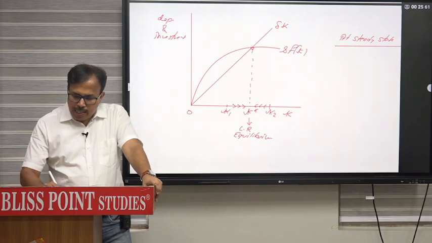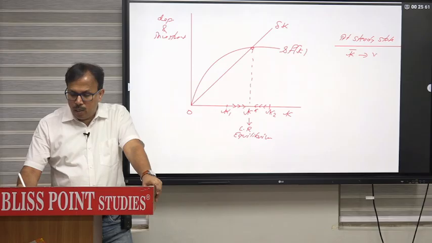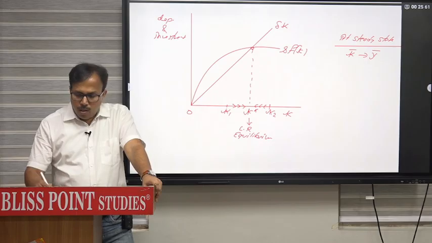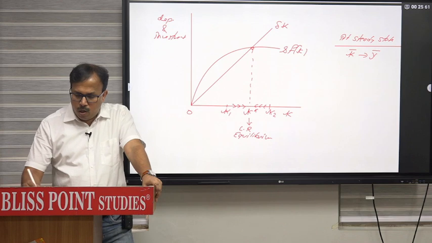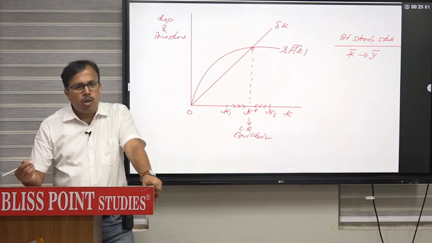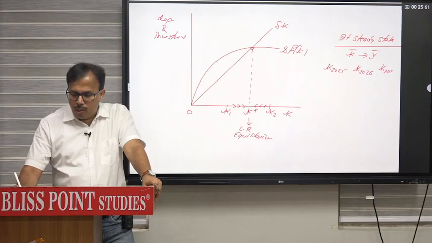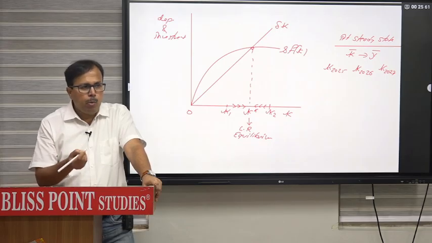So at steady state we find that the value of K is constant. Now if K is constant, then naturally Y will also be constant, because Y is a function of K. So if I say that economy is at a steady state, it means the stock of capital and the stock of output, stock of capital for the year 2025, for the year 2026, for the year 2027, all will remain the same. अगर economy steady state पे है, then there will be no change.